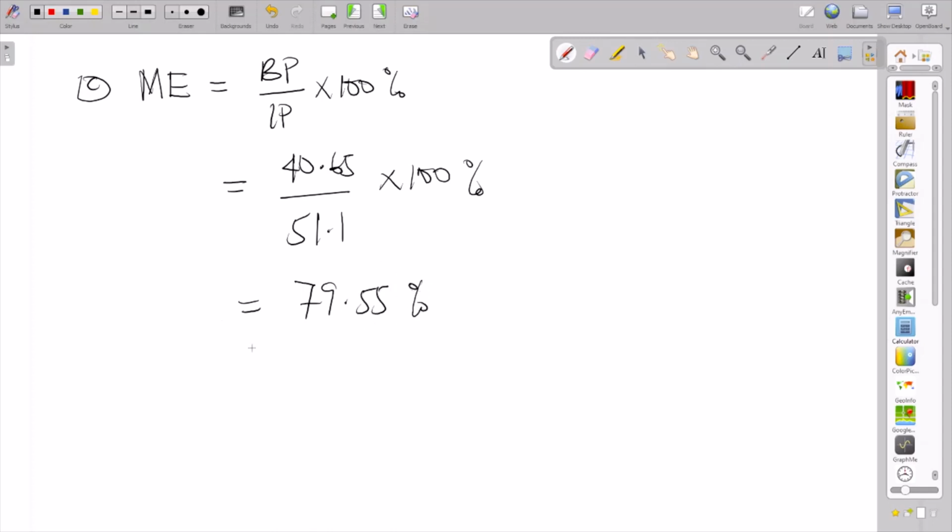That is the mechanical efficiency of the engine. I hope that makes sense to you, all that we've done so far.